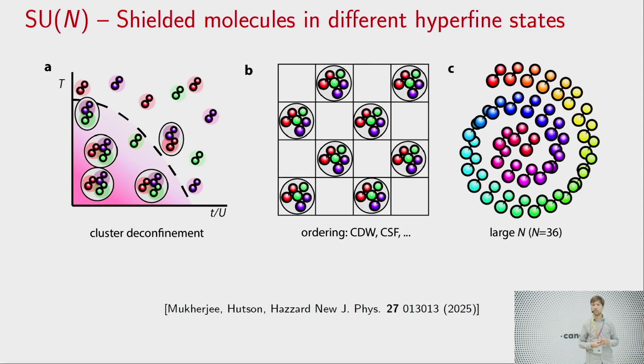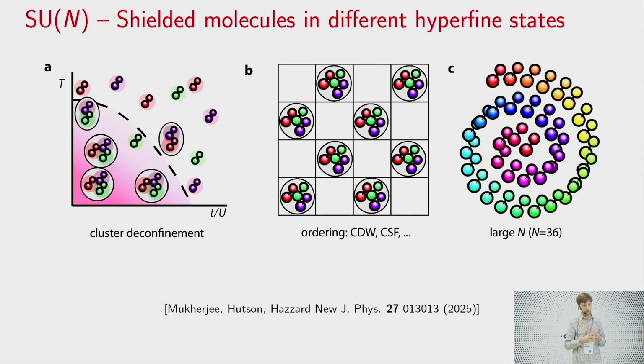There's this idea that if you do shielding, you can put molecules in different hyperfine states, and the shielding will work irrespective of this, and the interactions are the same in every hyperfine state. And so this realizes SU(N) symmetry. So this is interesting because you get some behavior that is due to quantum statistics and not the dependence of interactions on the state.